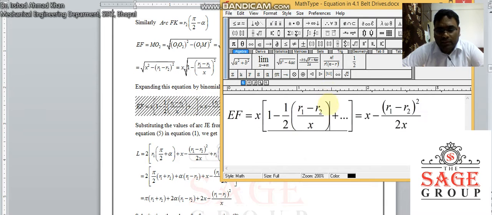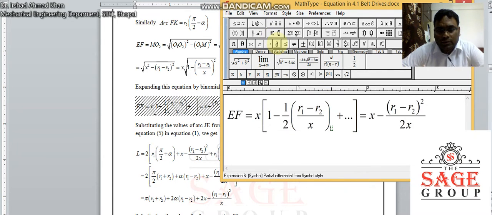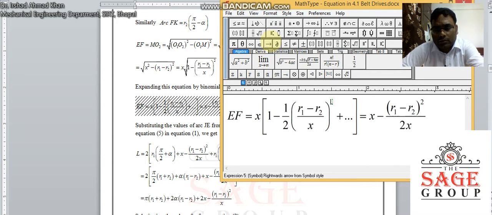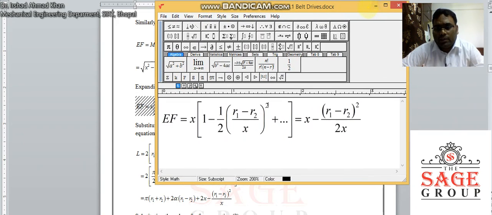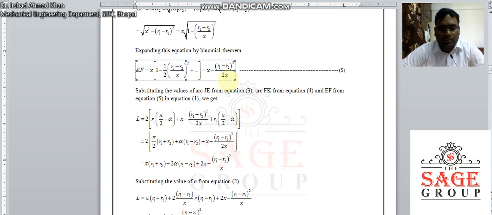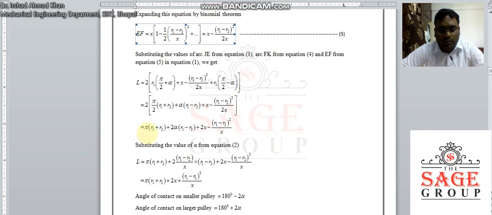The square value we can add here. Then after solving and putting all the values here, we can get the solution.